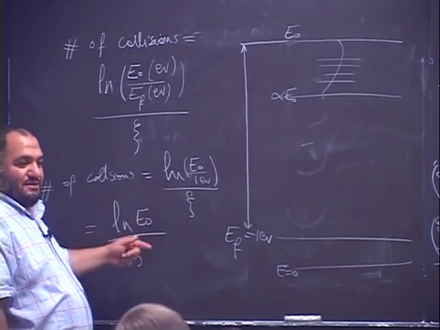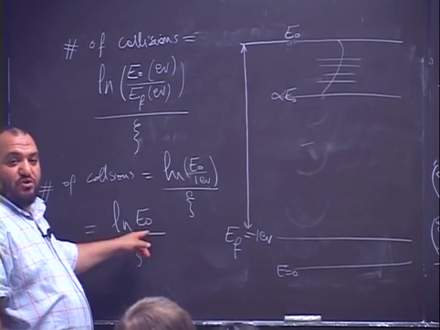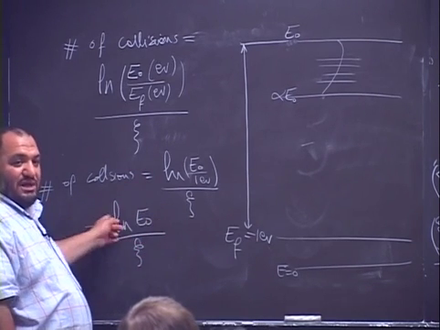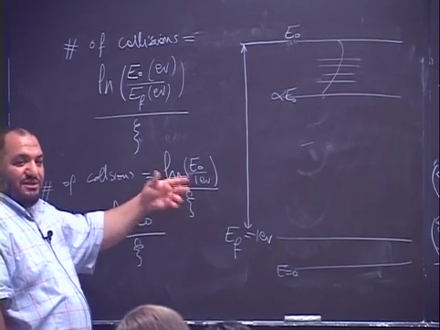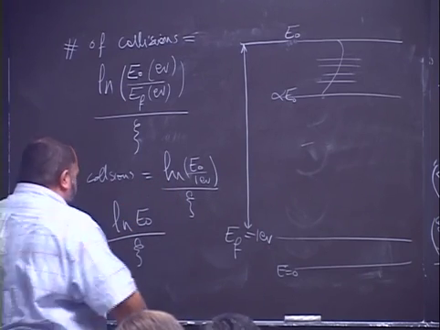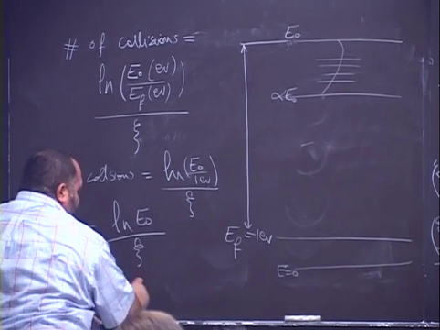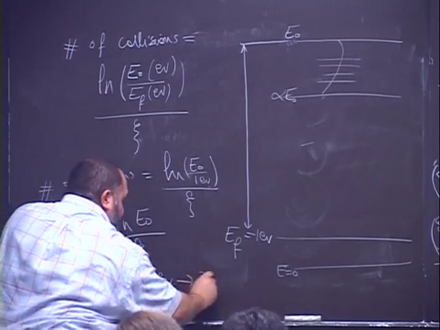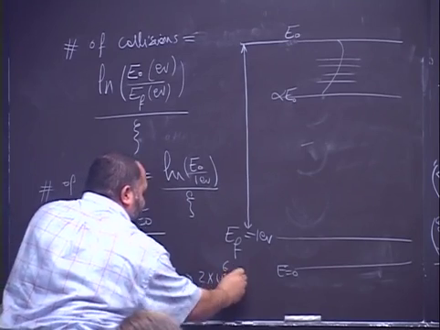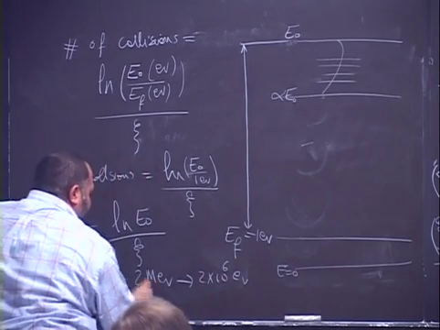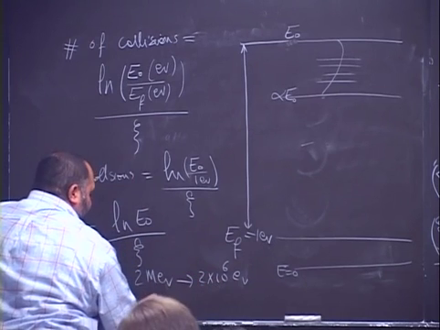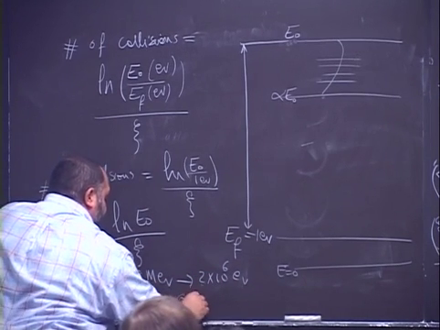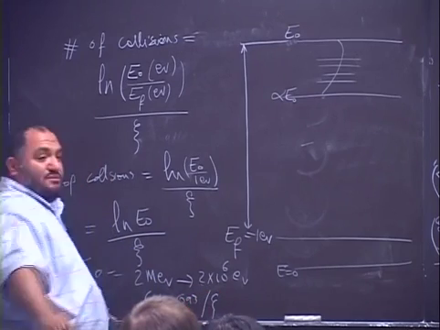6, which will be ln 2, is 0.693, and 6 will get out. So it will be 6 multiplied by 0.693. So let's assume that E naught is equal to 2 MeV, which will be 2 times 10 to the power of 6 electron volts. So this will give us ln of 2 times 10 to the power of 6, so this will be 6 multiplied by 0.693 divided by Xe.